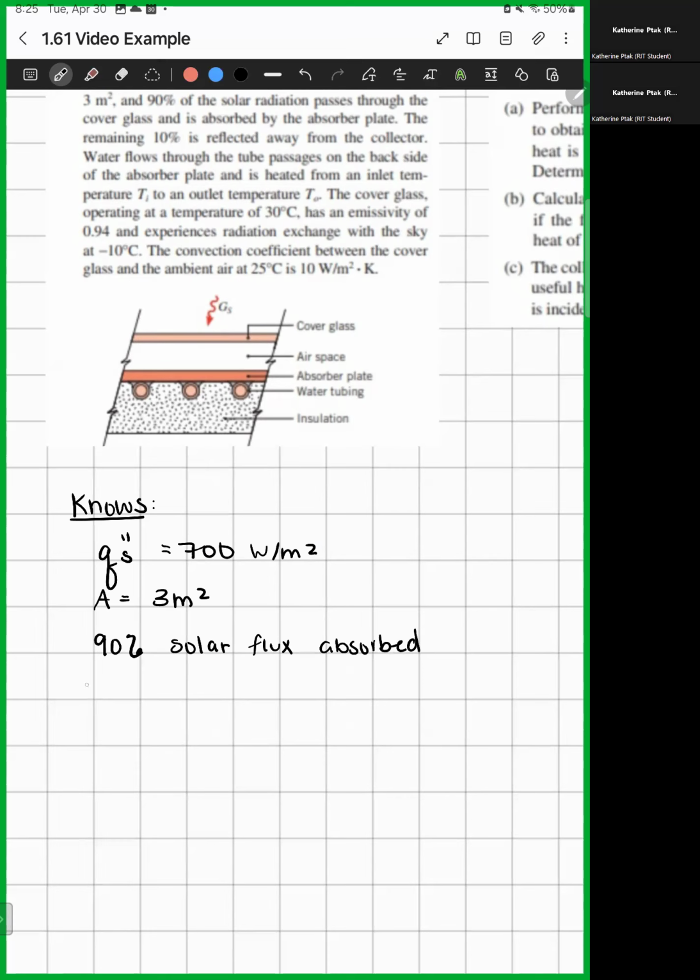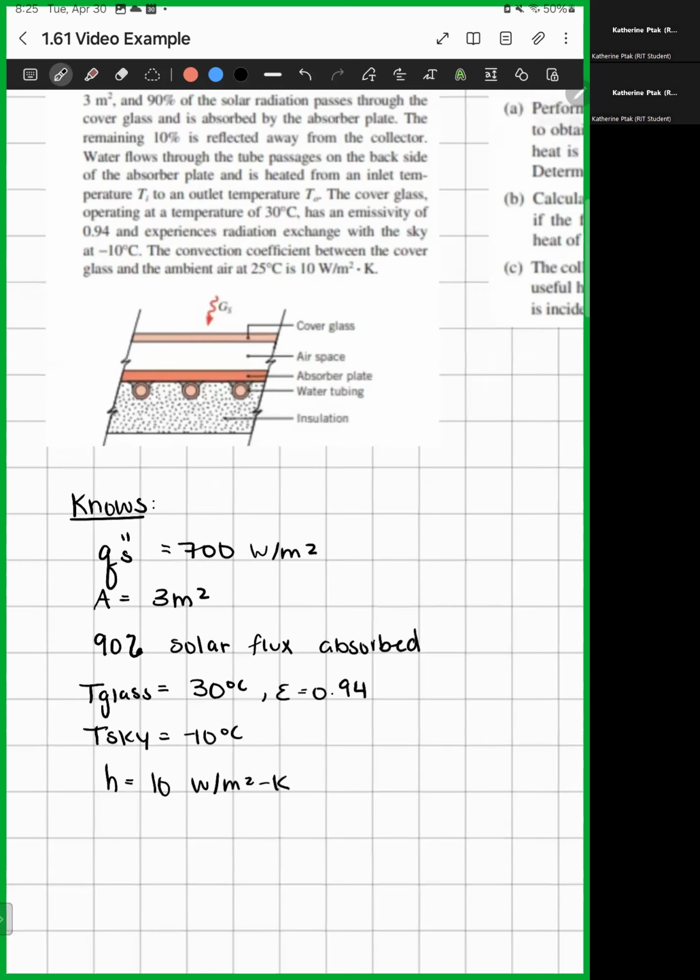We know T glass equals 30 degrees Celsius with an emissivity of 0.94. We know T sky equals negative 10 degrees Celsius, and h equals 10 watts per meter squared Kelvin.